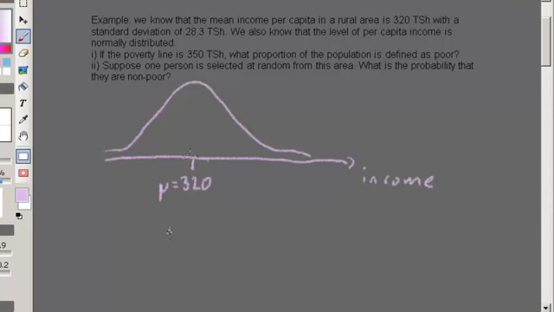Now when you're doing this kind of problem, it's a good idea to look at the numbers and see what each number stands for. So this part here is our mean.